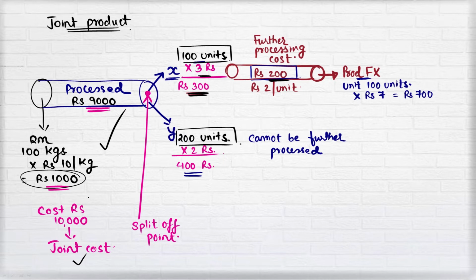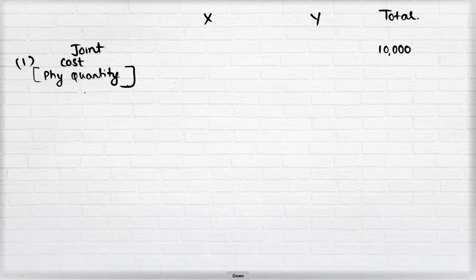What is the physical quantity of X at split off point? 100. What is the physical quantity of Y at split off point? 200. So 100 units of X is manufactured, 200 units of Y is manufactured. Joint cost should be distributed in the ratio of 100 is to 200. That is 1 is to 2. One of the method for distributing joint cost to joint products.